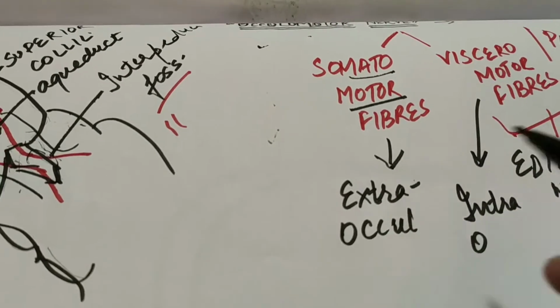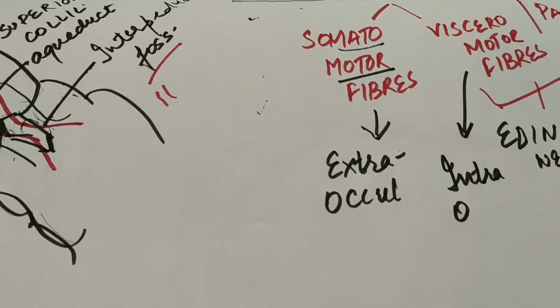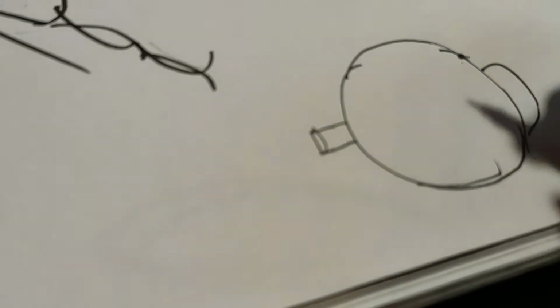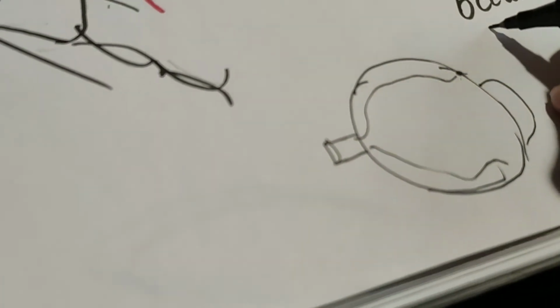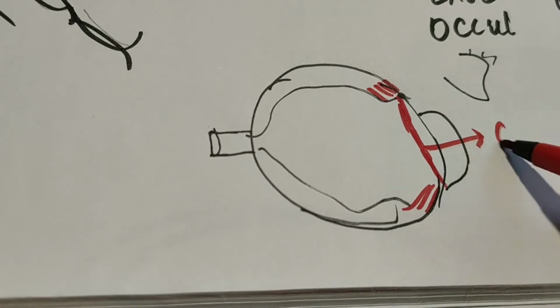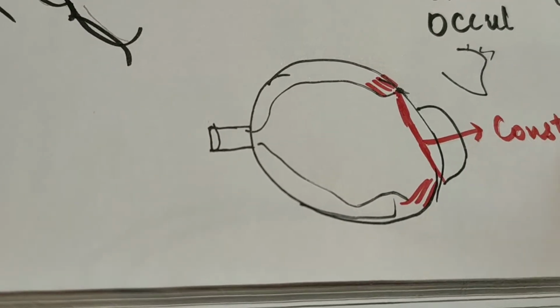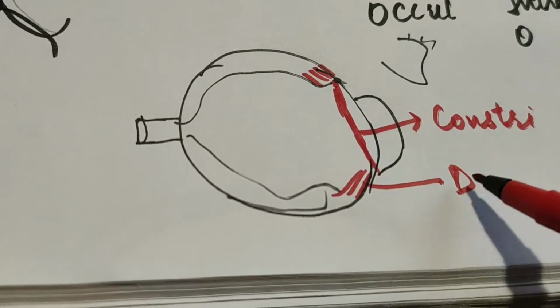So what are extraocular, what are intraocular? Let's talk about it. If I'm making an eye, just a big diagram, not anatomically correct. This is the constrictor pupillae and this is the dilator pupillae.